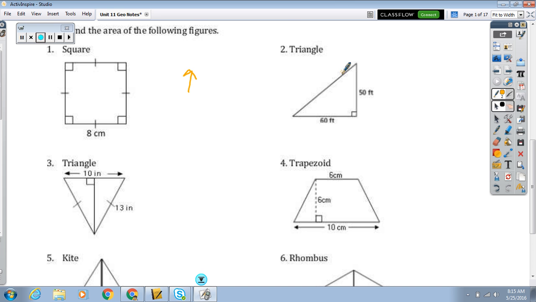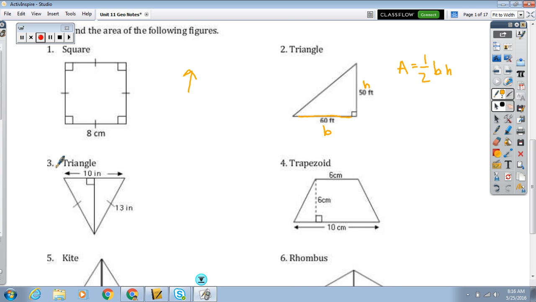The only thing that I wanted to mention on this page is just that you're going to need to be very careful about triangles. Our area formula for a triangle is 1/2 base times height. And for this right triangle, it's totally cool and fun to call this 60 the base and this 50 the height.